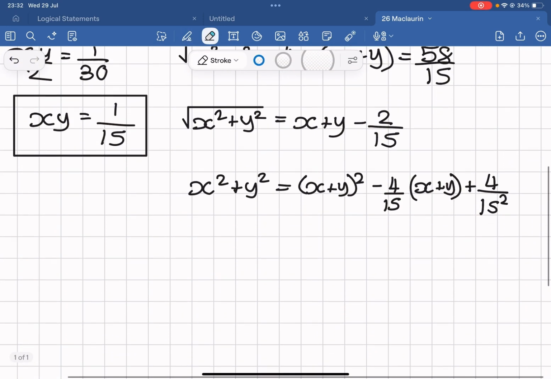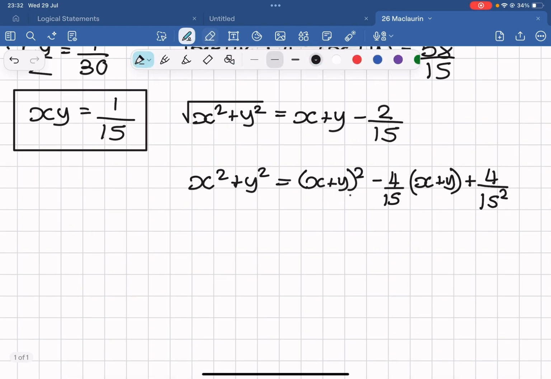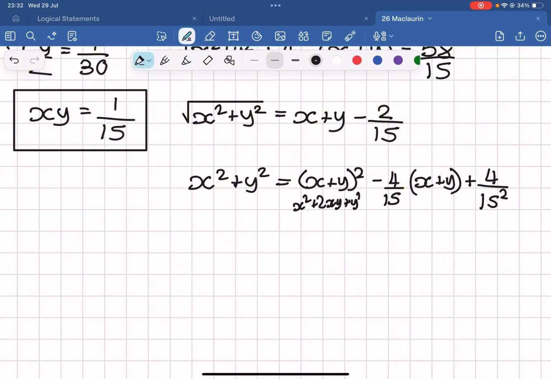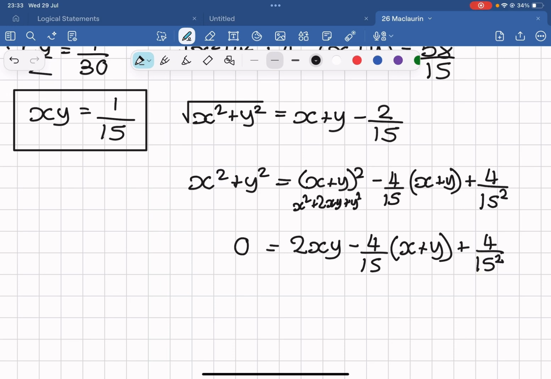Let's tidy this up. So if we expand this, we'll get an x squared and a y squared term, so x squared plus 2xy plus y squared. So if you simplify all that, we'll get 0 by cancelling the x squared and the y squared, equals 2xy minus 4 over 15 times x plus y, plus 4 over 15 squared.